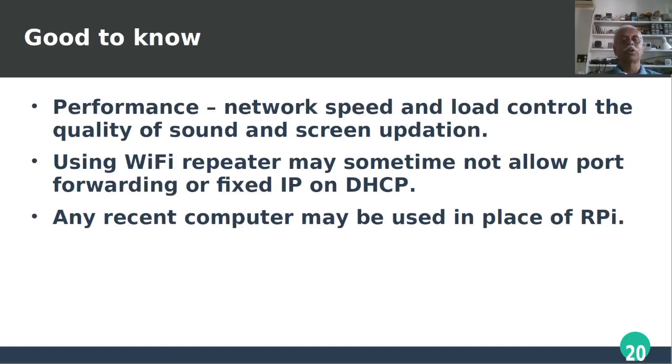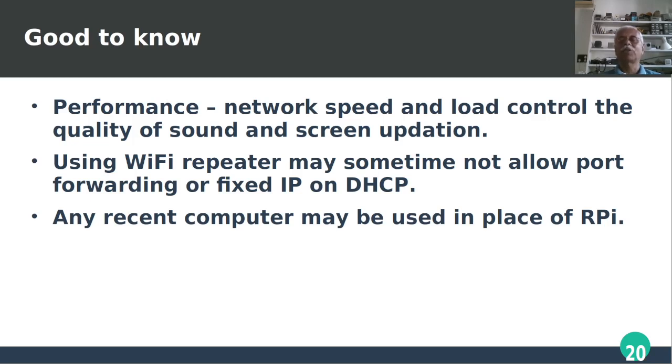It is good to know that performance depends on the network speed and the load on your network. Supposing somebody in your home is uploading or downloading videos, then your network will get slightly overloaded and you may have discontinuity. If your network speed is very high, in gigabits, then nothing will affect it.